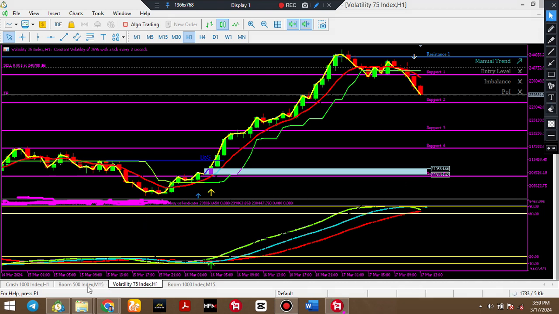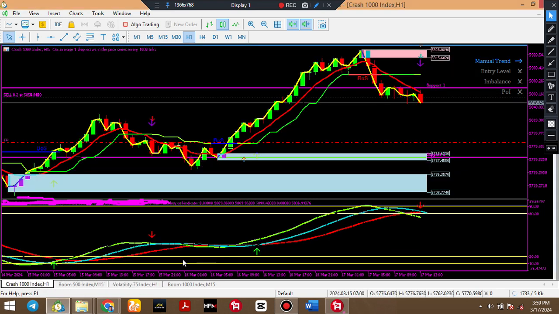You can see now, Crash 1000. So you see where I took the trade. This is on the 1 hour time frame, though I did the analysis on the 30 minute time frame and took the trade on 5 minutes. Or if you want to use 1 hour, immediately it drops this candle, you can open your sells. Definitely this is where we are expecting price to come. That is why you see where I put my TP.